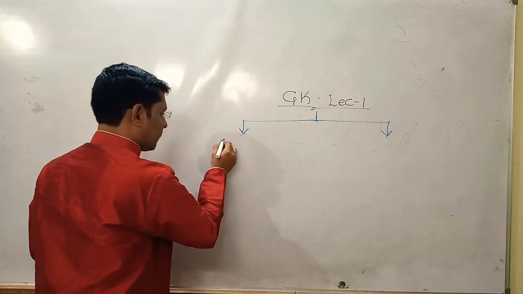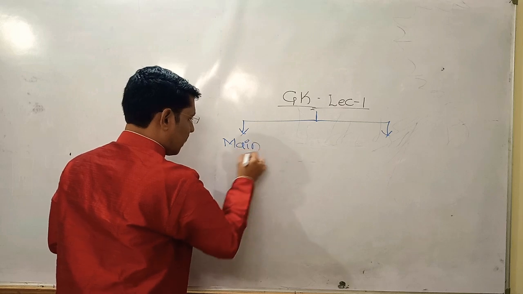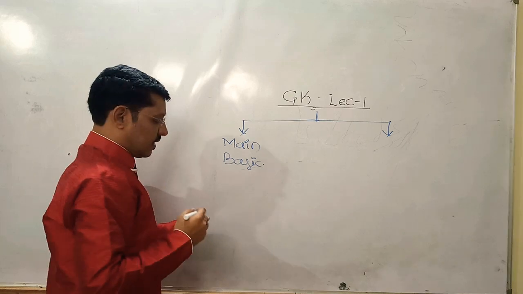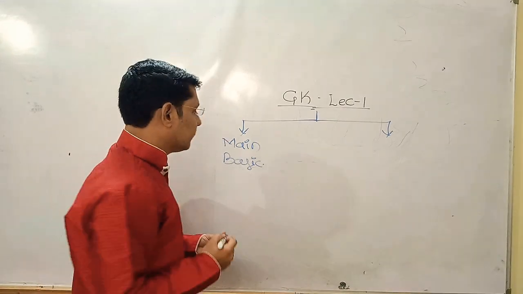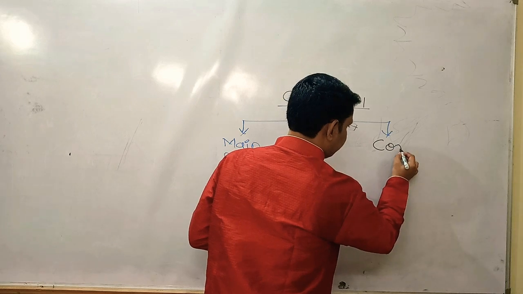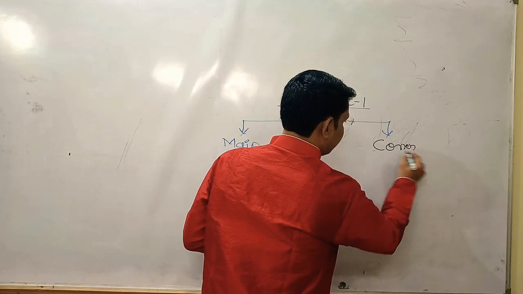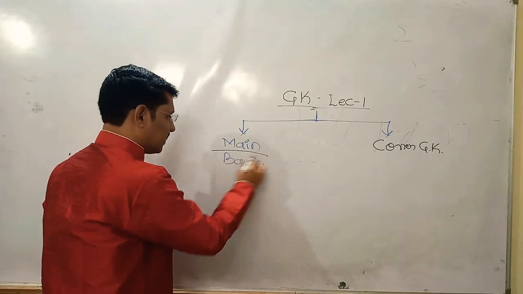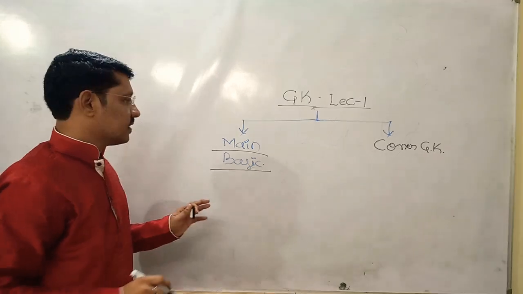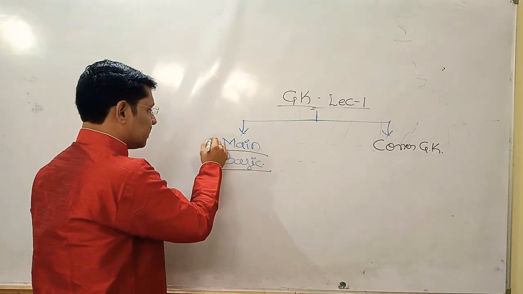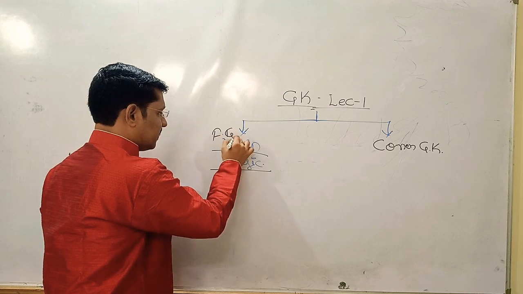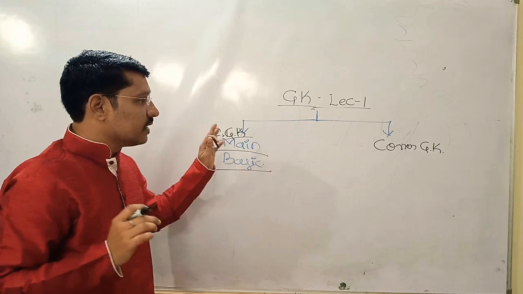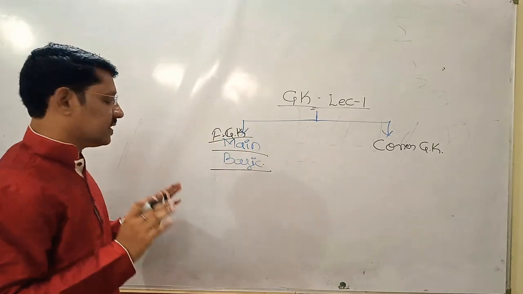The first part is the main or basic general knowledge, otherwise called fixed general knowledge, fixed GK. The second one is current general knowledge, current GK. Fixed GK means it is not changing; it is fixed.